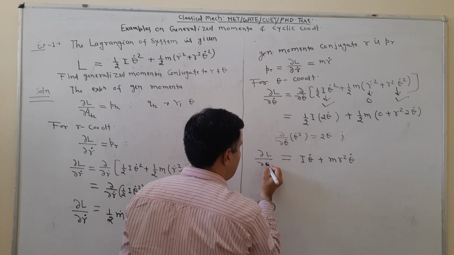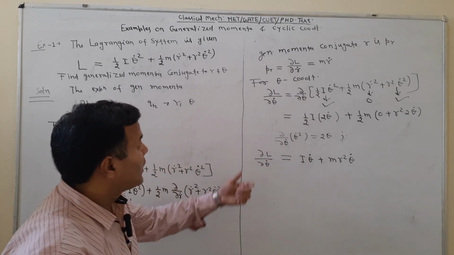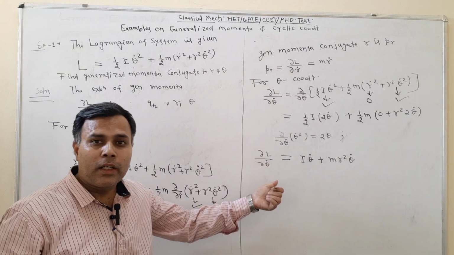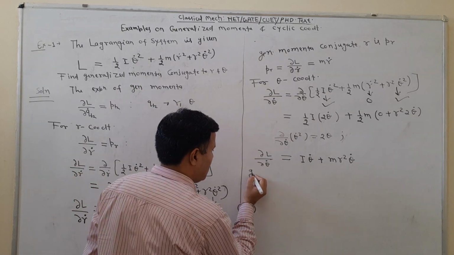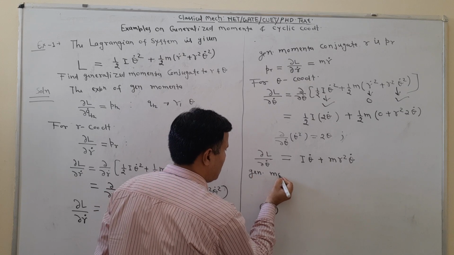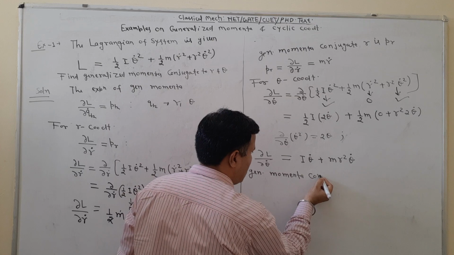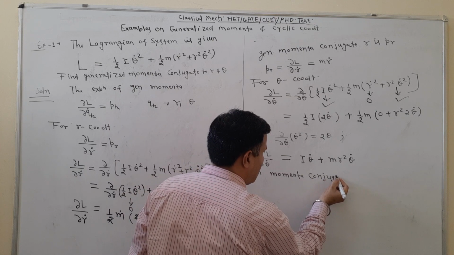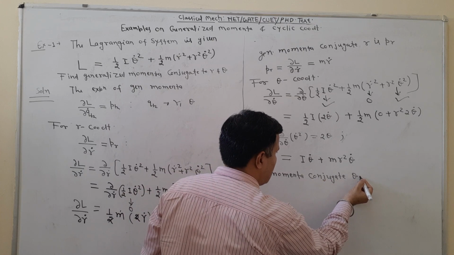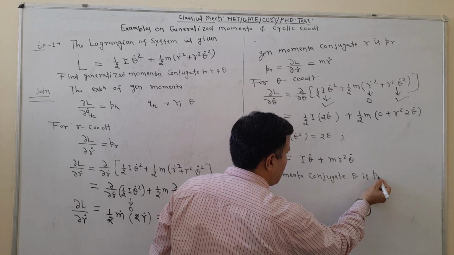So the generalized momenta conjugate to theta is p theta.